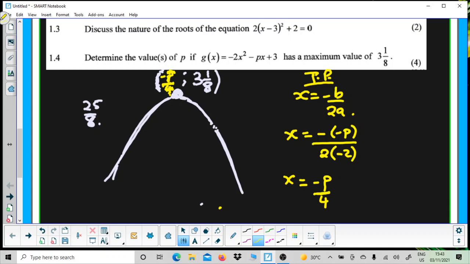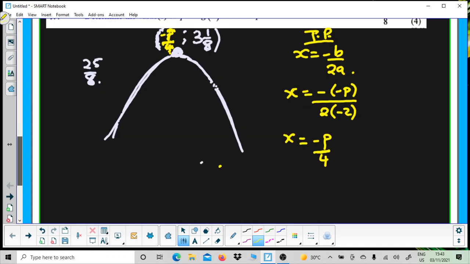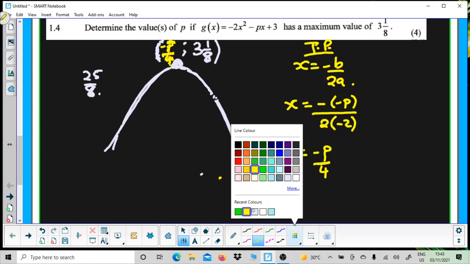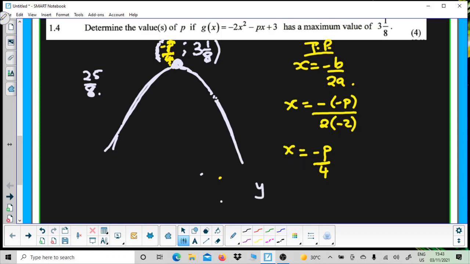So let's do the same. We want an equation at this point. We want an equation that works. So if we didn't know y, here is what we're going to do. To get y at this point, we were going to say, well, negative 2, and we substitute this one, which is minus p over 4. I'm going to square it, minus p again.